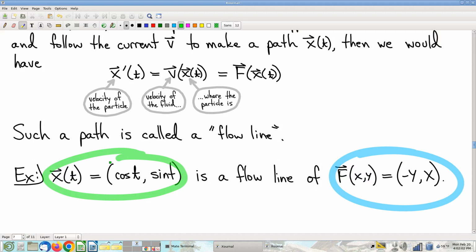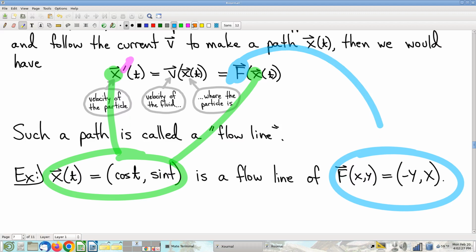And the way you're going to confirm it is you're going to take this formula and plug it in there, meaning that you're going to take the derivative to compute the velocity of the lettuce. You're going to plug into the vector field to compute the velocity of the water where the lettuce is.